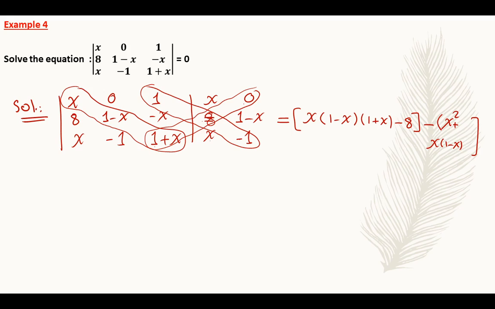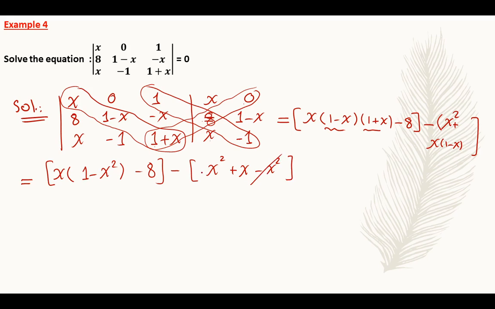Okay, let's simplify this equation. It will be equal to, here we have x and 1 minus x times 1 plus x. This is a difference of two squares, so it will be 1 minus x power of 2, and minus 8. Okay, minus, here we have x power of 2. x times 1 will be equal to x, x times negative x, it will be equal to negative x square.